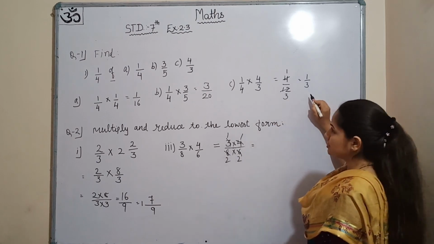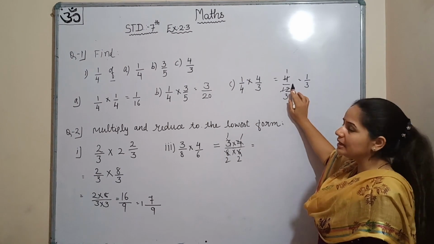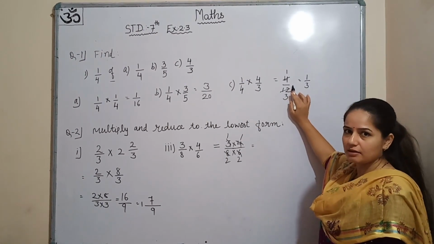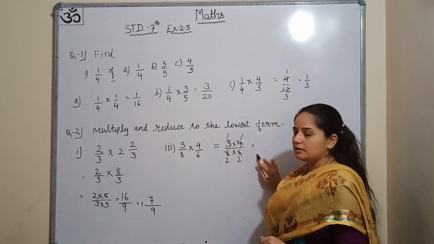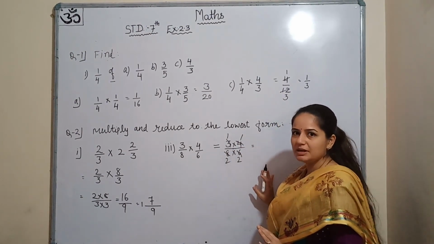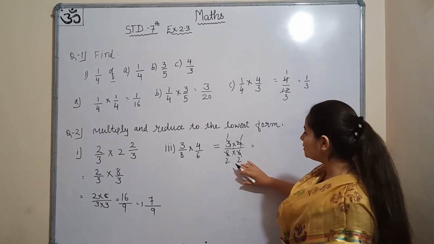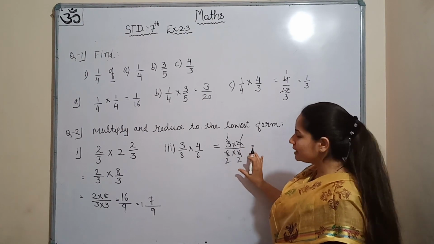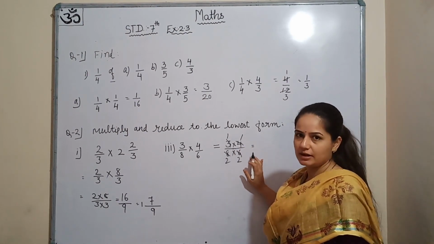Here in question number 1c, we obtained the product by multiplying and then we cancelled the common factors. Here we have just arranged them in multiplication form, but we have not obtained the product. Without obtaining the product, we have arranged them in multiplication and cancelled the common factors.